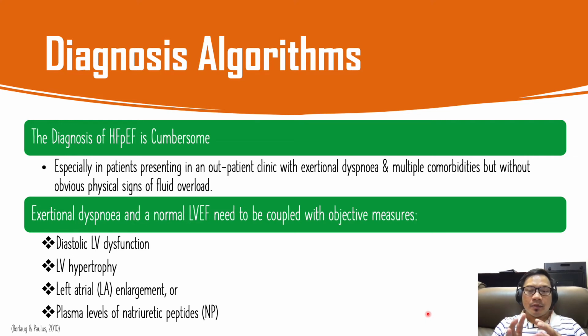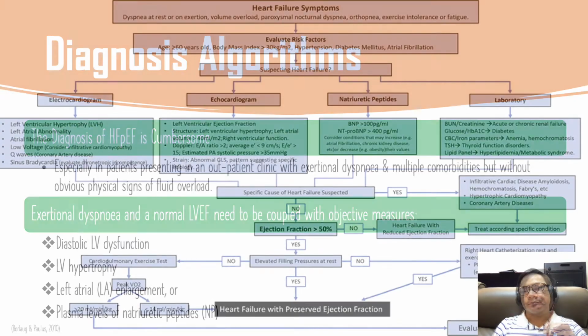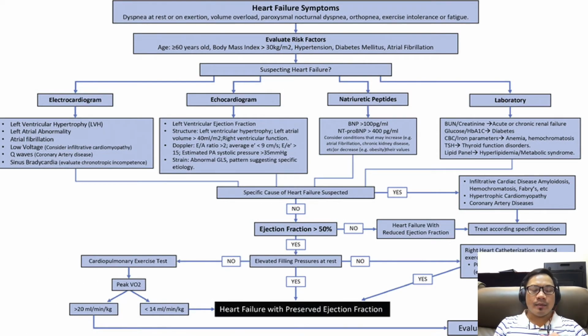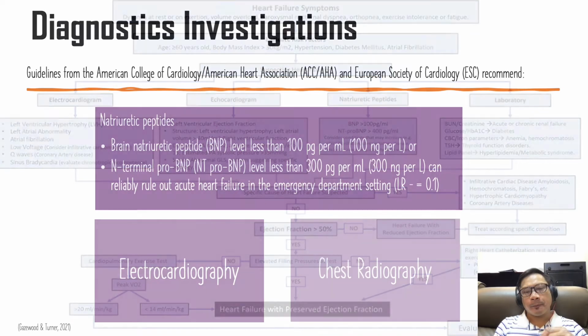To avoid a low specificity when diagnosing HFpEF, exertional dyspnea and normal left ventricle ejection fraction need to be coupled with objective measures of diastolic left ventricular dysfunction, left ventricular hypertrophy, left atrial enlargement, or plasma levels of natriuretic peptides or NP. So this is the metrics of the other studies.